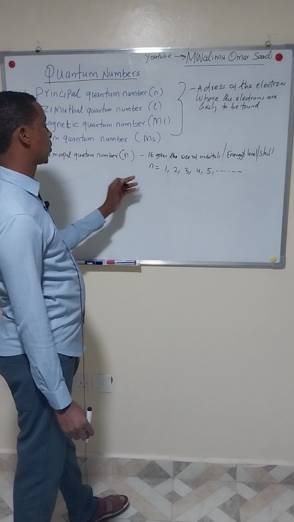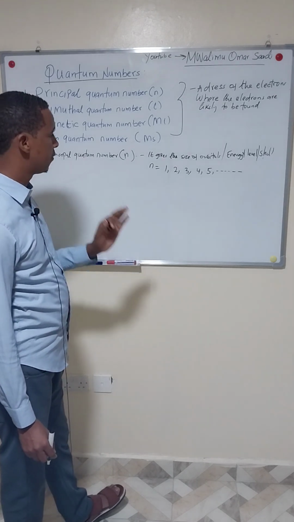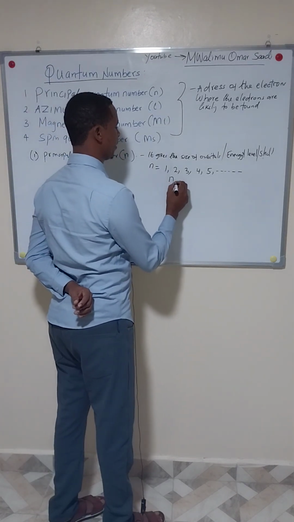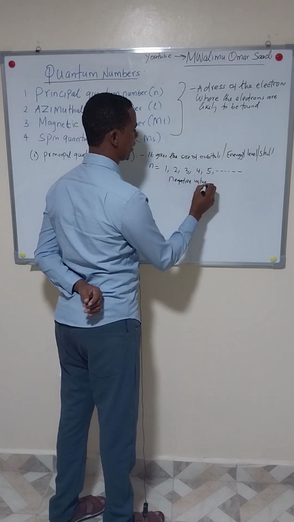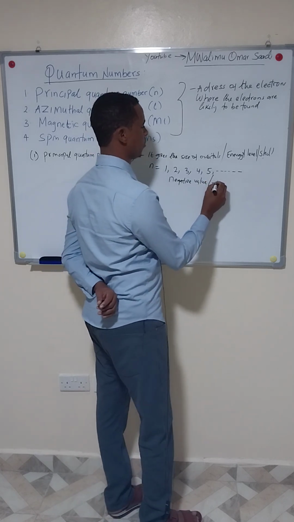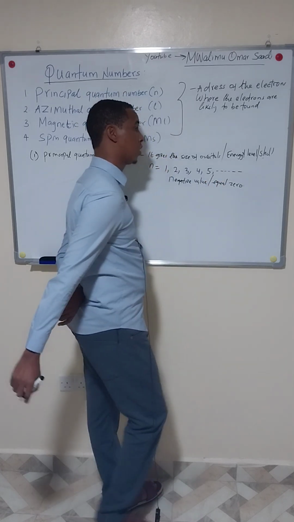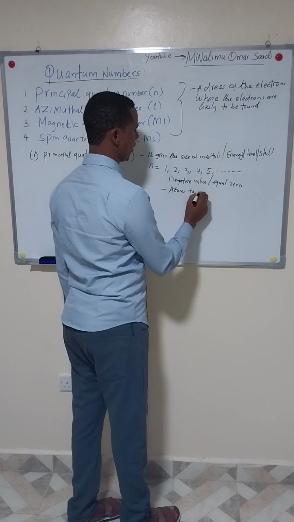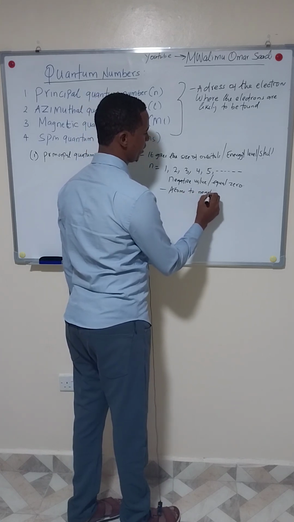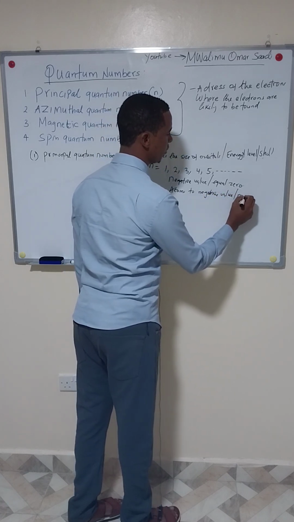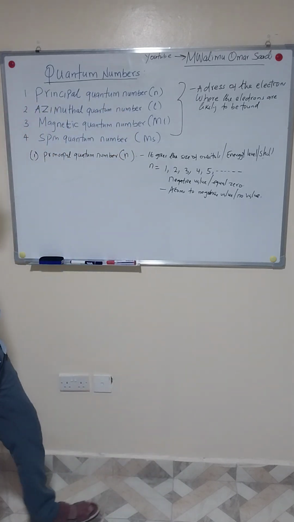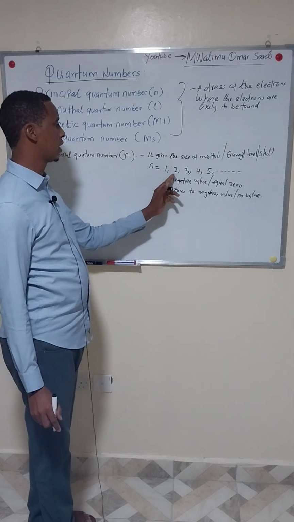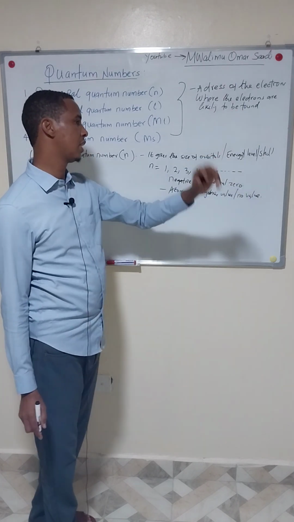It cannot have a negative value, or no value, or be equal to 0, because it is not possible for atoms to have a negative value. So N is any number that is equal to 1 or greater than 1, and the list is endless.